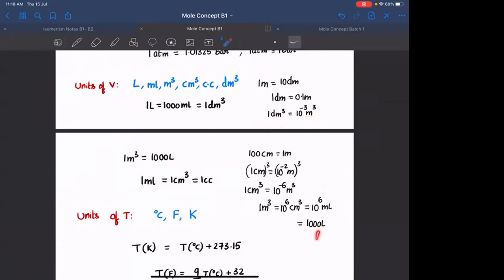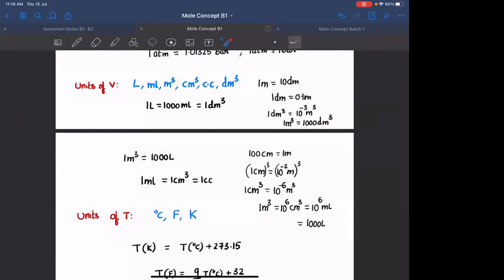So 1 liter is equal to 1 dm cube. Agreed? Okay. 1 meter cube is equal to 1000 dm cube. वैसा ही 1 meter cube 1000 liters के बराबर है. So I can say 1 dm cube is equal to 1 liter.